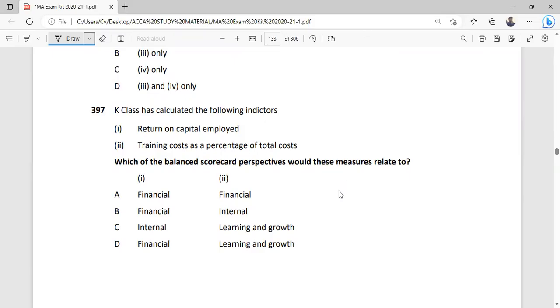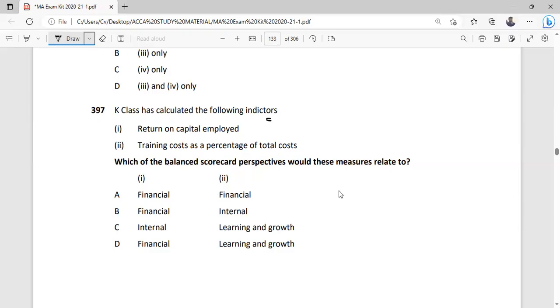KAPLAN has calculated the following indicators: return on capital employed, training cost as a percentage of total cost. Which of the balanced scorecard perspectives would these measure? Return on capital employed is definitely a financial measure.